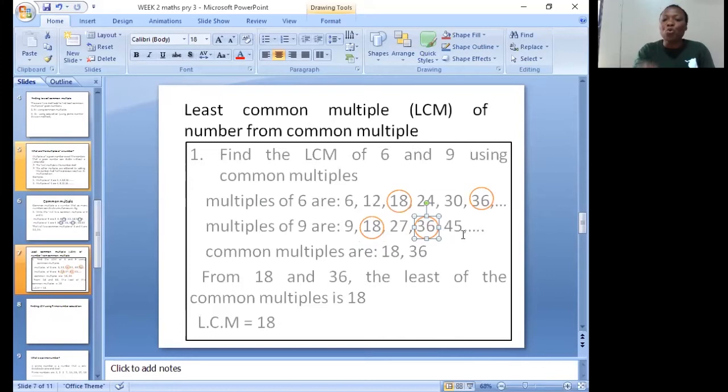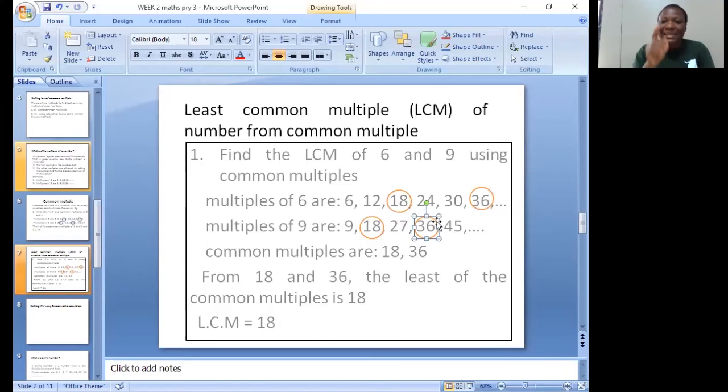Now, common multiples of these two given numbers are, can we say it together? 18. Are you circling your own? Circle your own as I'm circling mine now. We have 36 also.